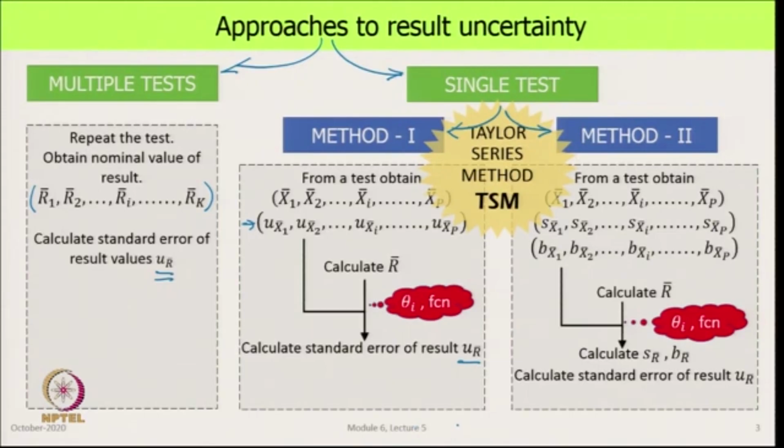Method 2 is a slight modification of method 1 in that we keep from our calculations values of individual systematic and random uncertainties, and using that we calculate the systematic and the random standard uncertainties in the result, from which we calculate the standard uncertainty of the result.